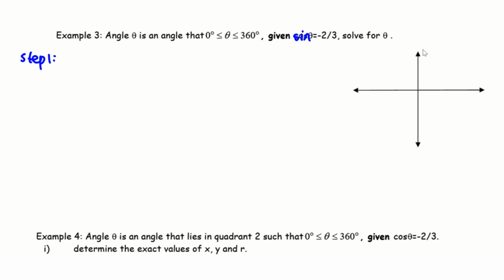Sine equals negative, and we know it's All Students Take Calculus. First quadrant all positive, second quadrant sine positive, third quadrant tangent positive, and fourth quadrant only cosine positive. So sine is positive in the first two quadrants, so these two couldn't be. It will be the third and fourth quadrants only.